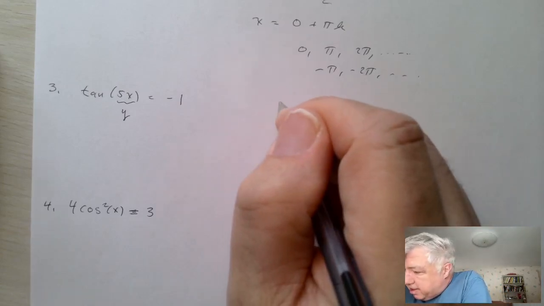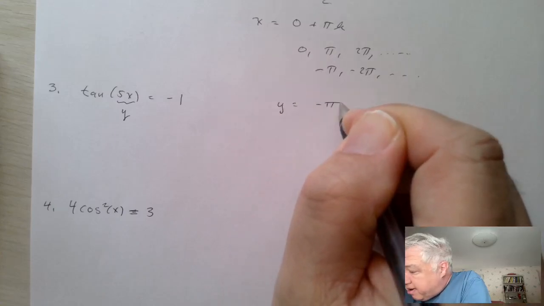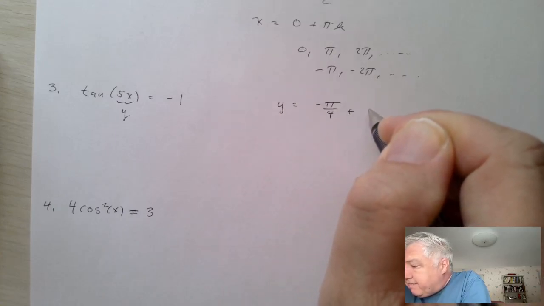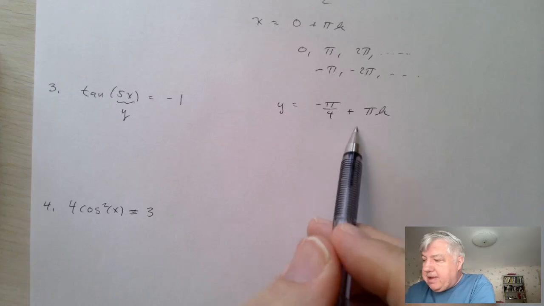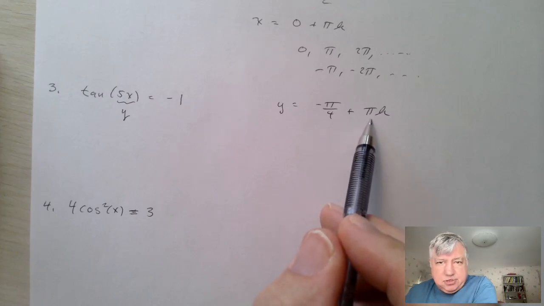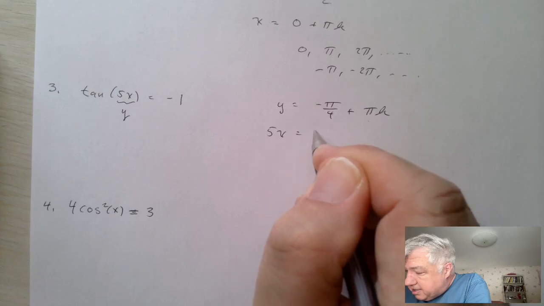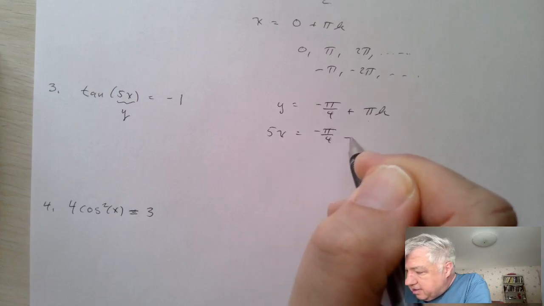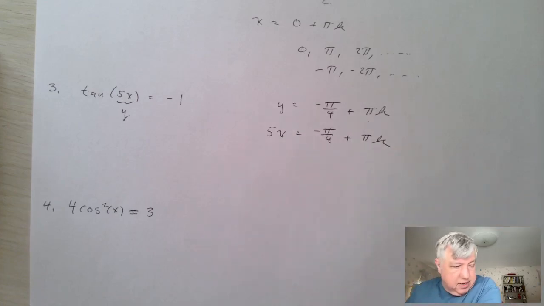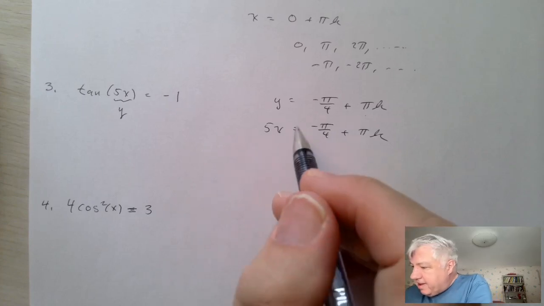So we could let y be negative pi over 4 plus pi k, because again the period of tangent is pi. So this would mean that 5x is negative pi over 4 plus pi k. And now we can divide everything by 5.